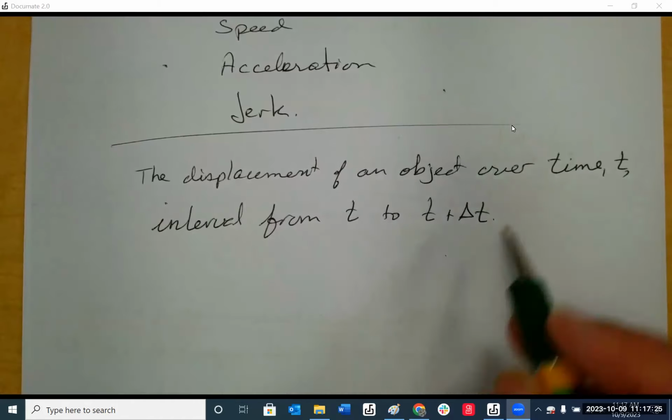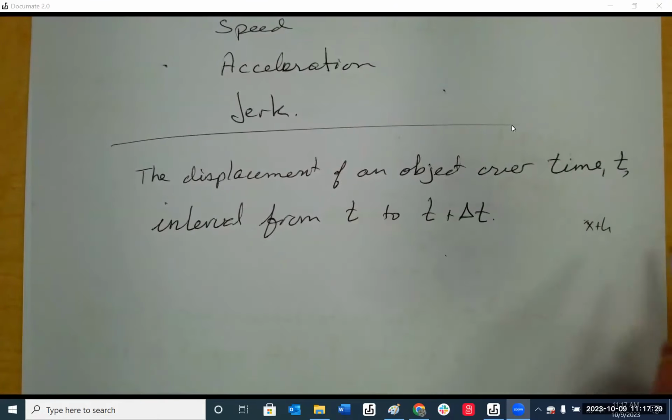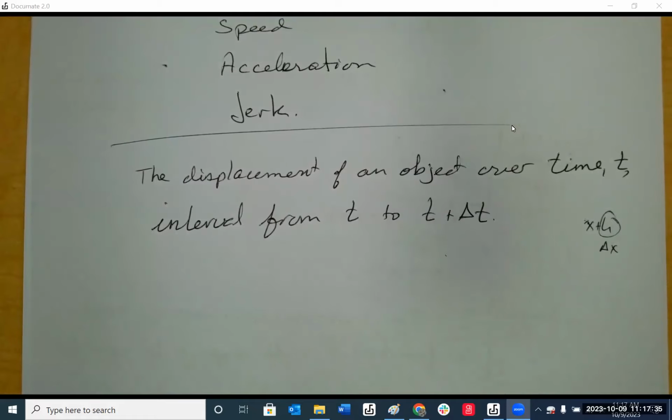Because that's what we're always, this is our h. It's the same thing we had with x plus h. So our h is the change of x. Here we have time, so we have change of time.